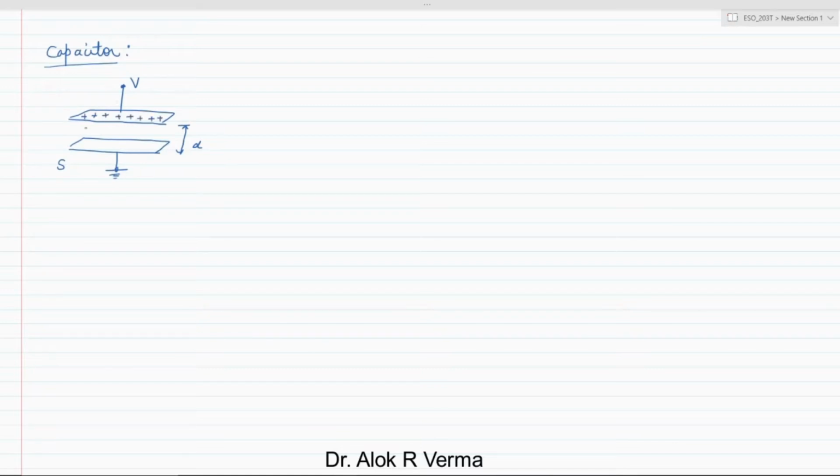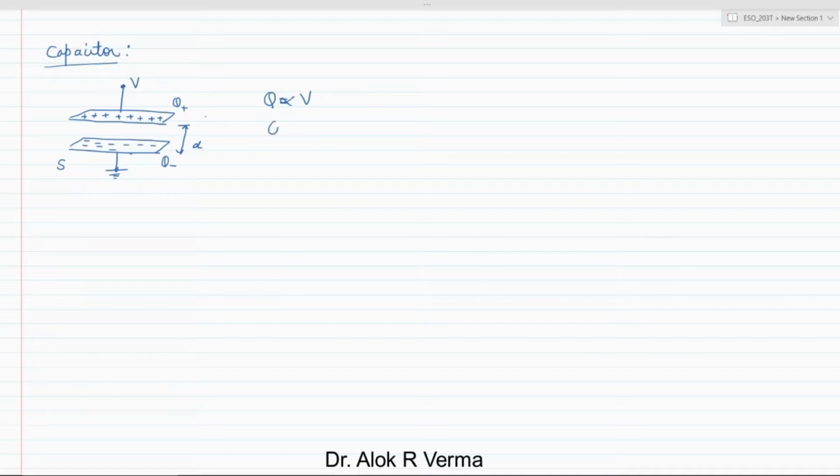Due to the attraction, the negative charge will start appearing on the lower bottom plate. So the Q amount of negative and Q amount of positive charge will be there. When a voltage V is connected across the capacitor, the polarity of the charge will be different on the opposite plates, but the magnitude will be the same, and that amount of charge Q is proportional to the voltage.